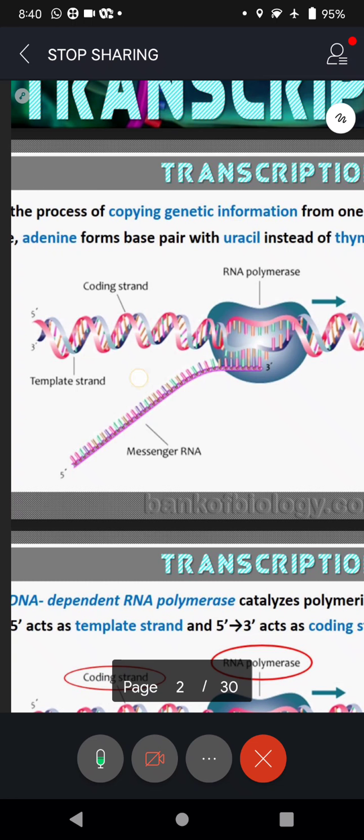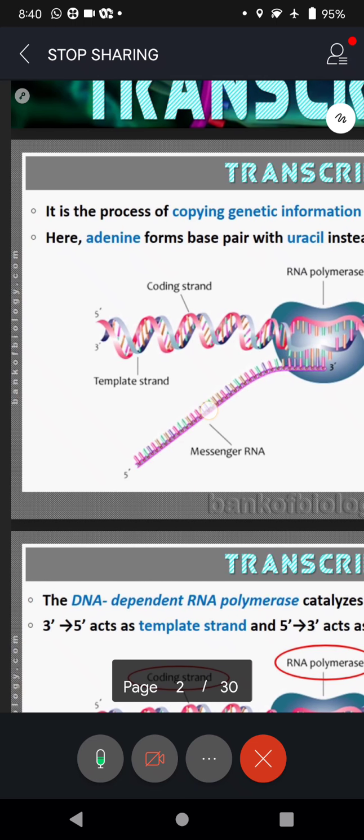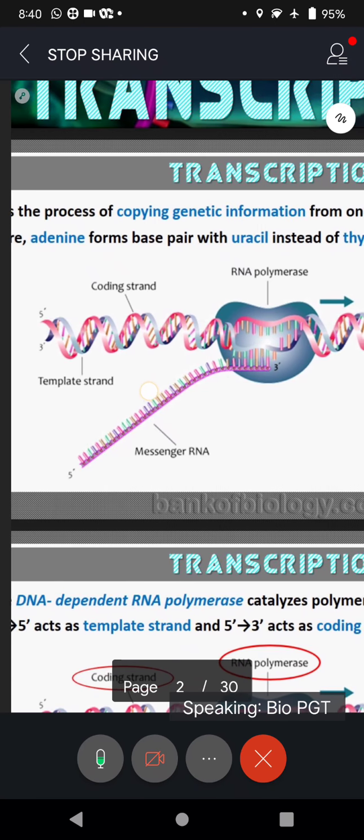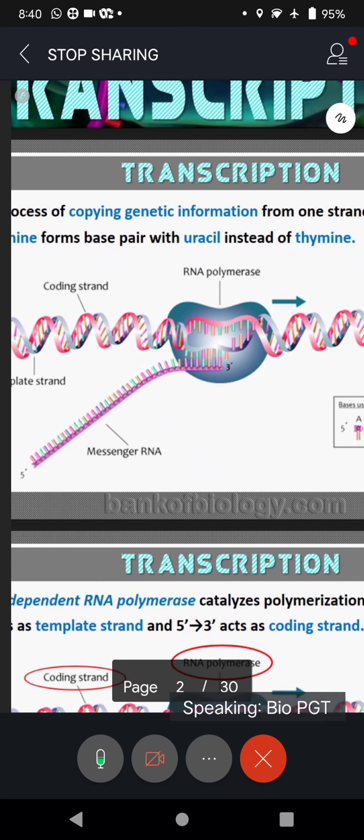Now let us see, already we have said adenine forms a base pair with uracil. Why? Because it is no more a DNA molecule, it is an RNA molecule, isn't it? We said the difference between DNA and RNA, if you recollect from your memory: among nitrogenous bases, purine pairs with pyrimidine.